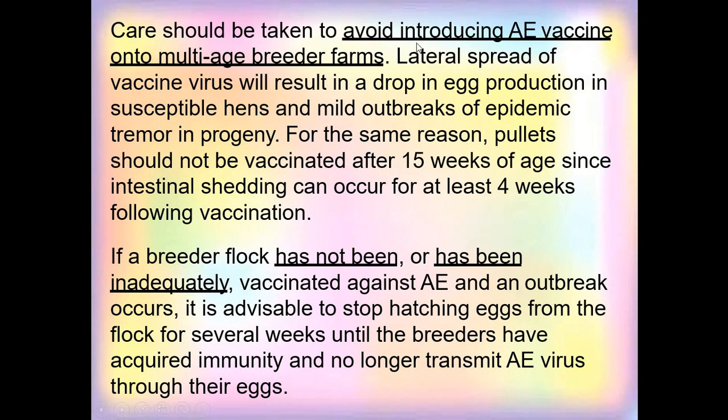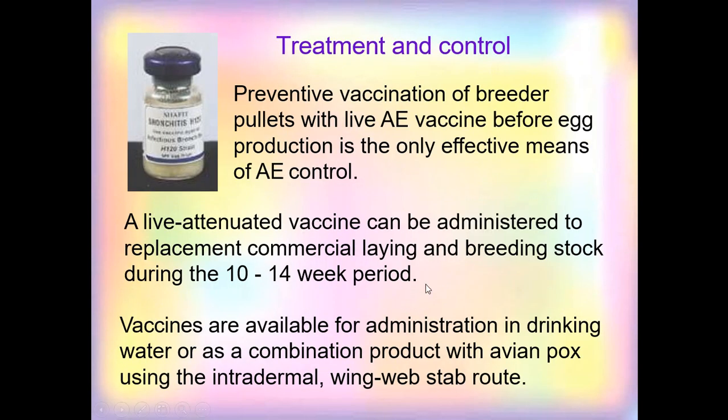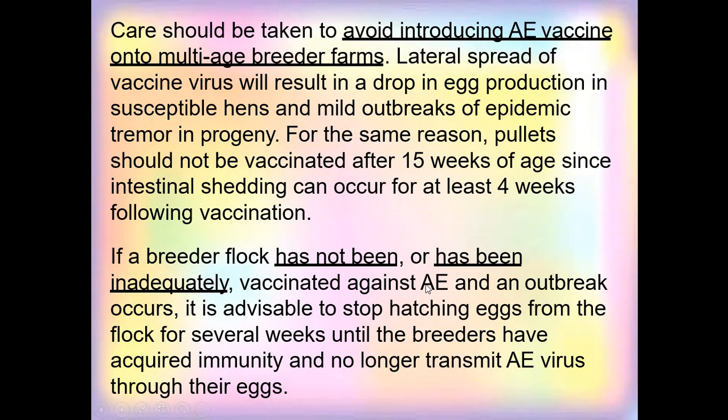Care should be taken to avoid introducing AE vaccine into multi-age breeder farms, because this is a live attenuated vaccine, and there is some worry that the vaccine can develop into a virulent virus.